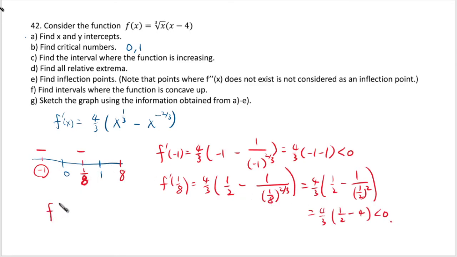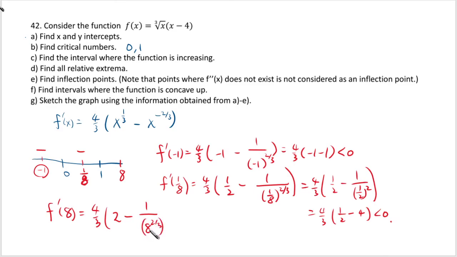And finally, if you do f prime of positive 8, that's going to be 4/3 times (8 to the 1/3, which is 2) minus 1 over 8 to the 2/3.